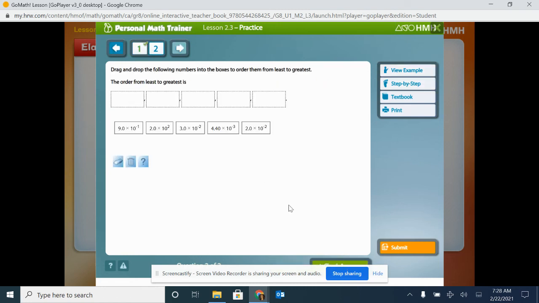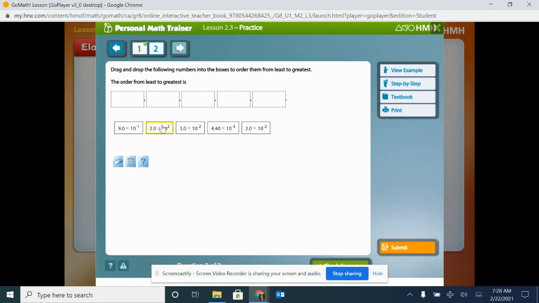Okay, the next one, it says drag and drop the following numbers into the boxes to order them from least to greatest. Least to greatest. So remember, when you're ordering least, the smallest one is going to be the one with the biggest negative exponent that I can think of. When I look at these, the first thing I look at is the exponent.